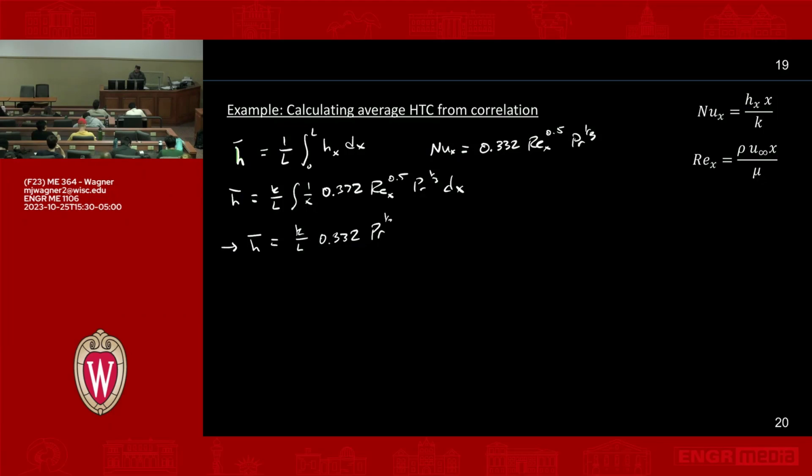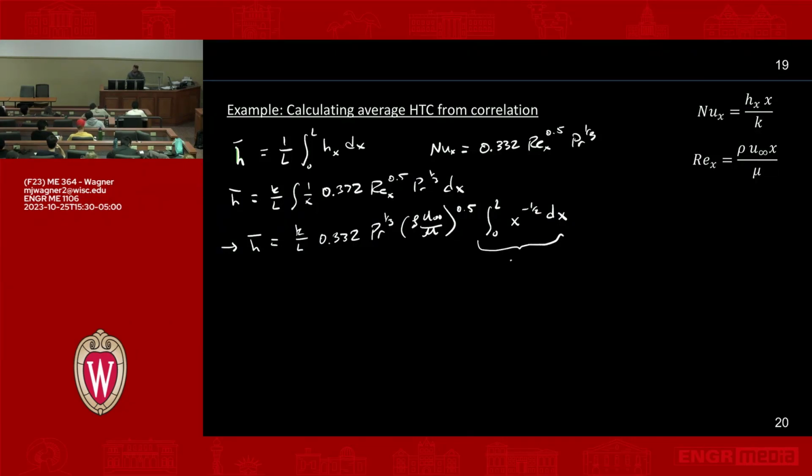Prandtl to the 1/3 is constant. The parts of the Reynolds number that are constant are rho u infinity and mu, so those can come out. And then what's left inside the integral is 0 to L of x to the minus 1/2 dx. Okay? So this is all just subbing stuff in and bringing constants out.